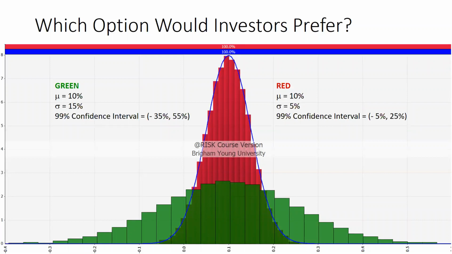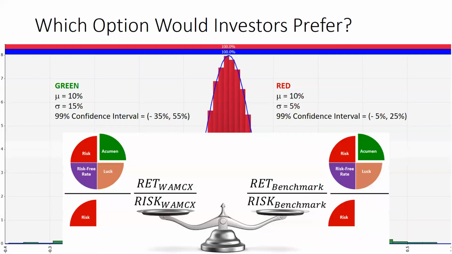So my question to you before we started this was, which option would investors prefer? Well, remember, we said that one way we're going to think about conceptualizing the assessment of performance in an actively managed portfolio is by taking the total return and scaling it by risk and then comparing that.